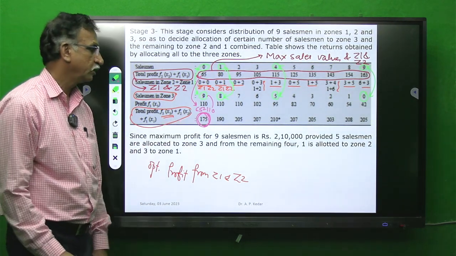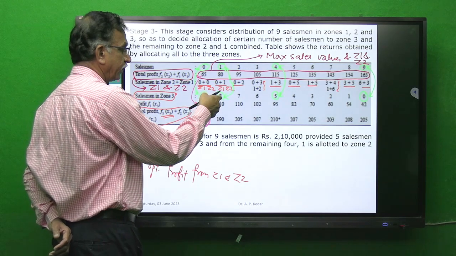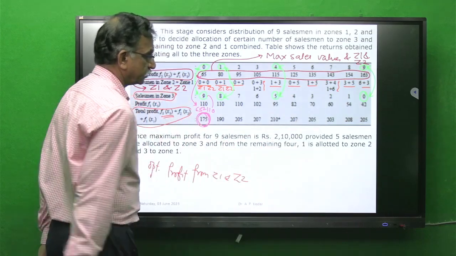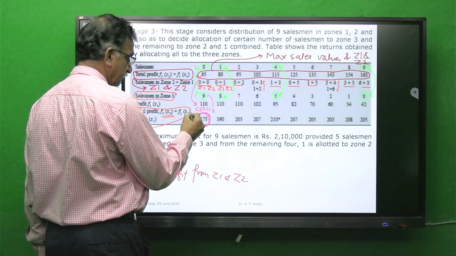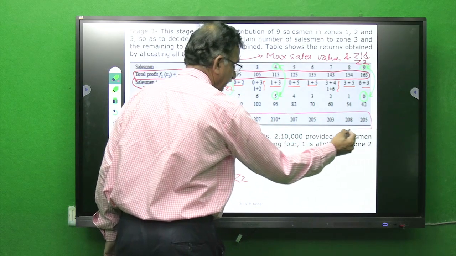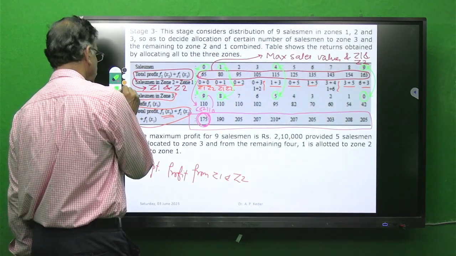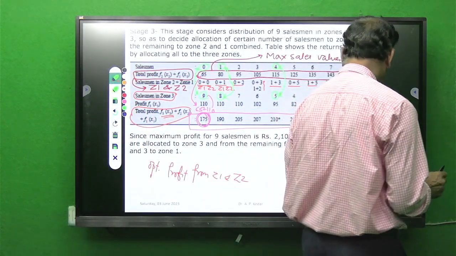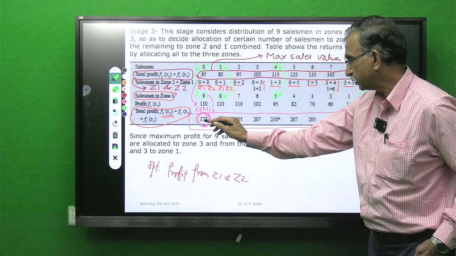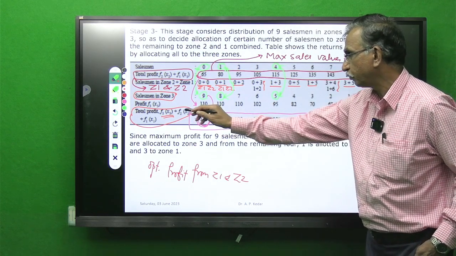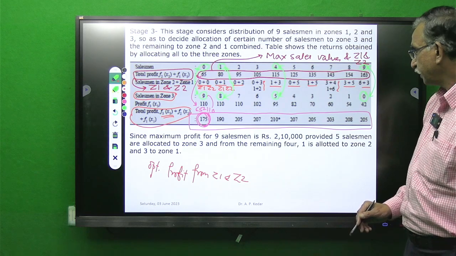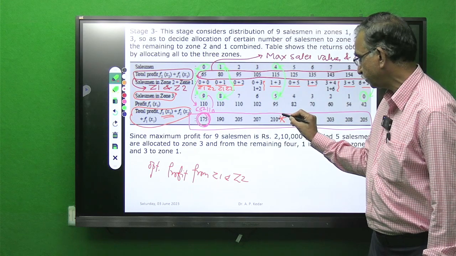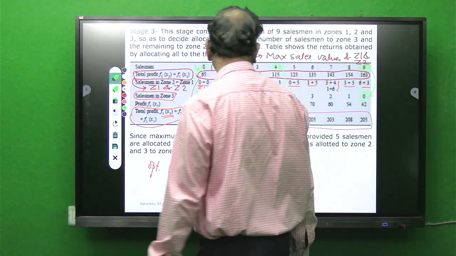Students, like this we have calculated, added all these respective values of sales, and we got this last decision making row. This is very important. This is the last decision making row, we got it. If we look at the values of profit amongst the row of total profit, we get 210 as the maximum value.